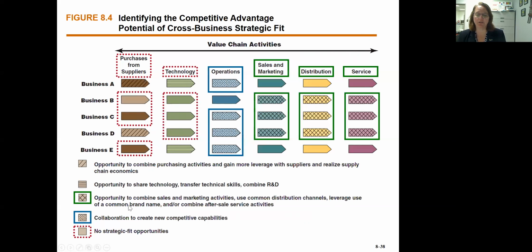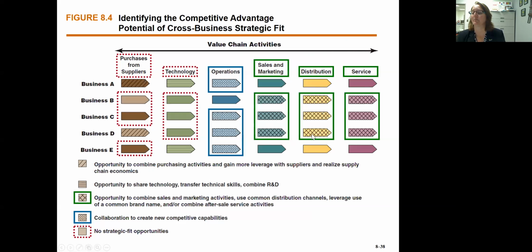When it comes to operations, collaboration to create new competitive capabilities, you'll see that business B doesn't fit, but the others do. When it comes to sales and marketing, the opportunity to combine sales and marketing activities, use common distribution channels, leverage the use of a common brand name and or combine after-sales service activities, you'll notice that A and E are separate, but these three have a strategic fit, or an opportunity.